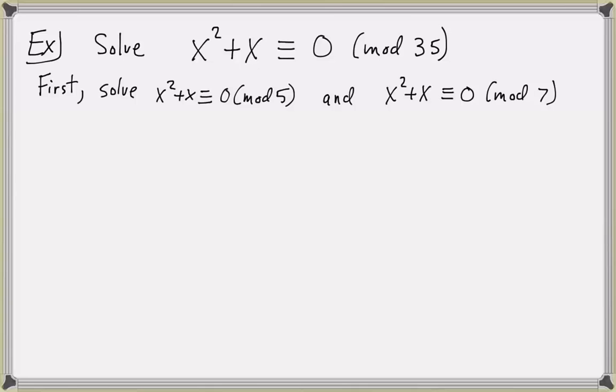Again, because 35 is 5 times 7. So the congruence mod 35 will only have solutions if the congruences mod 5 and mod 7 are both solvable.